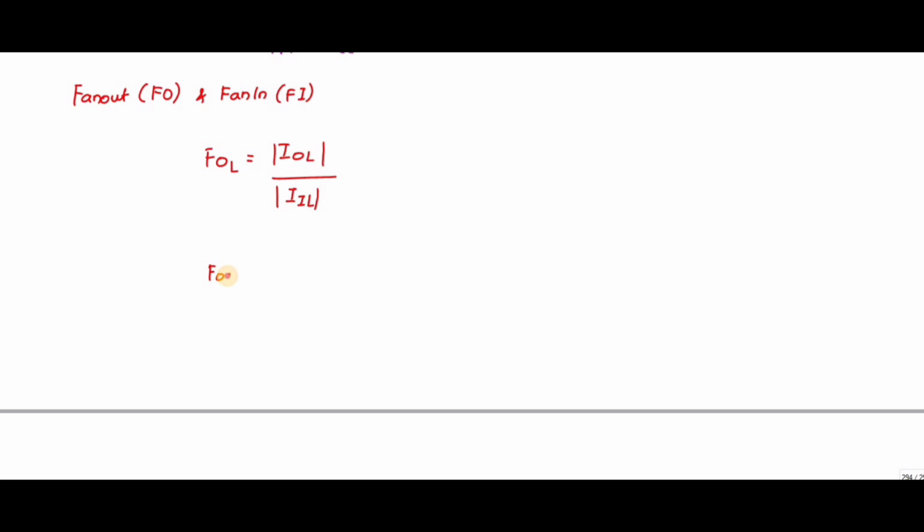Likewise, FOH, I can write it as IOH divided by IIH, output by input. So overall, the FO value is nothing but the minimum of this FOL and FOH.